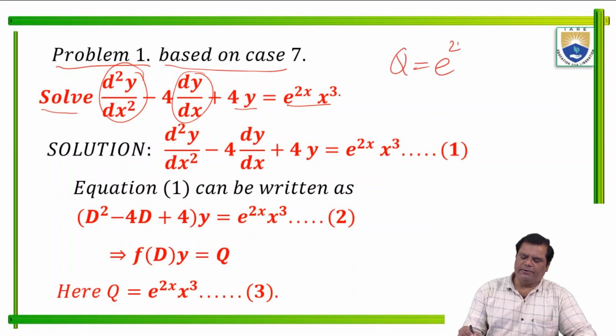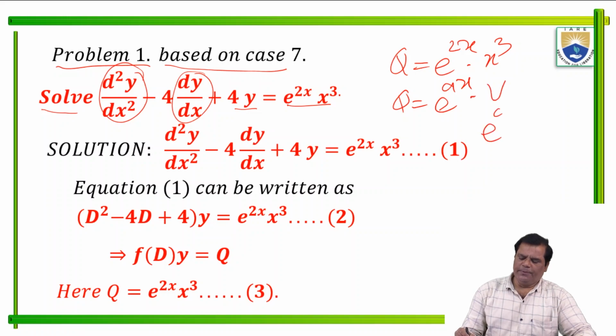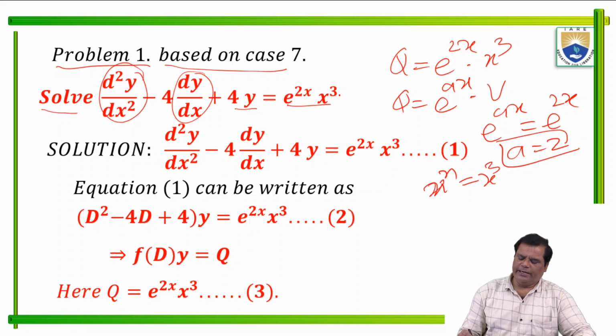Q is e to the power 2x into x cubed. Q is here e to the power ax into v. e to the power ax is e to the power 2x, so a is here 2, and x to the power n is x cubed, so n is here 3.